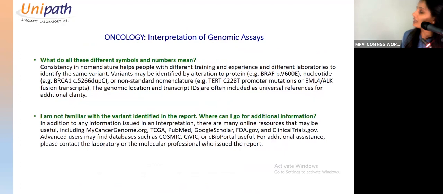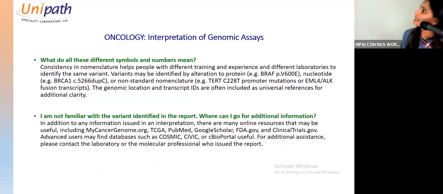Then this is the basic, normal nomenclature used for representing a particular variant, right? This is a coding position shown here. And this is a protein change.